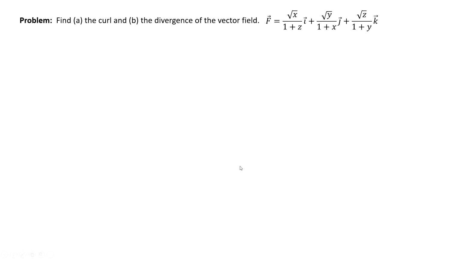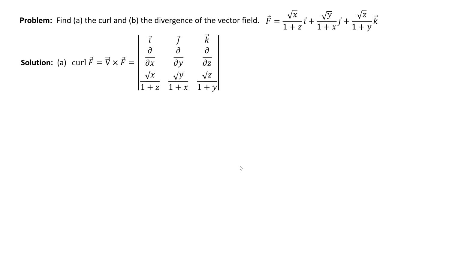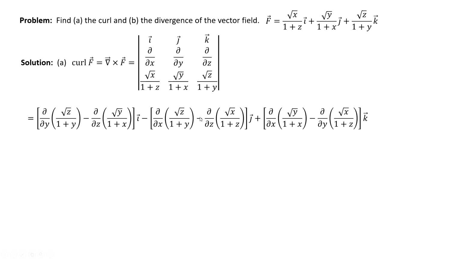Cool. Find the curl and divergence of this vector field. Okay, curl. Simply the determinant of i, j, k, partial with respect to x, with respect to y, with respect to z, of each of these components here. i times the partial with respect to y of this guy minus the partial with respect to z of this guy, and so on. So patiently I did this. What's the partial with respect to y of this? Square root of z is a constant. So for 1 over 1 plus y, the derivative is negative 1 over (1 plus y) squared.